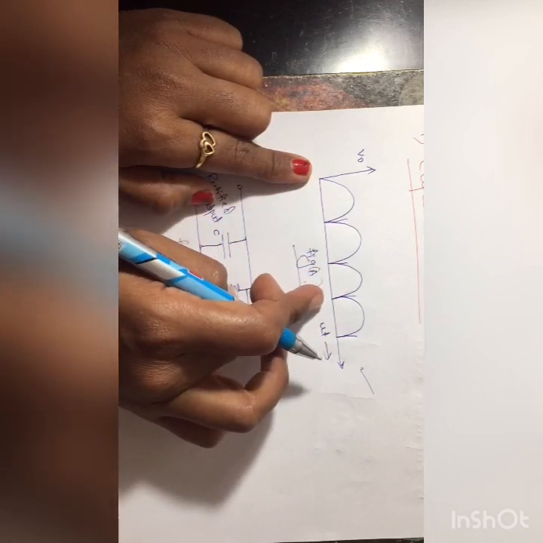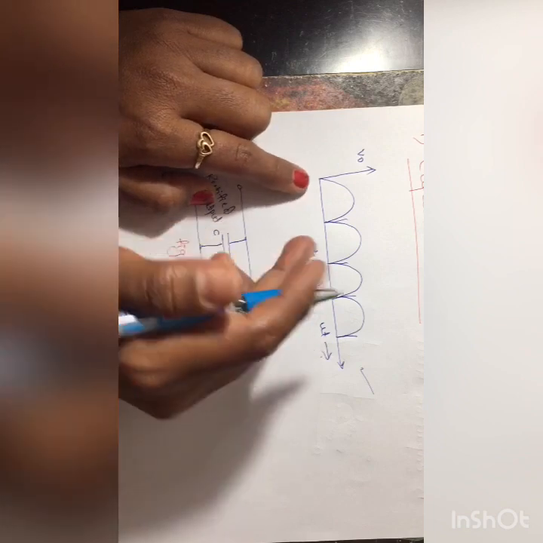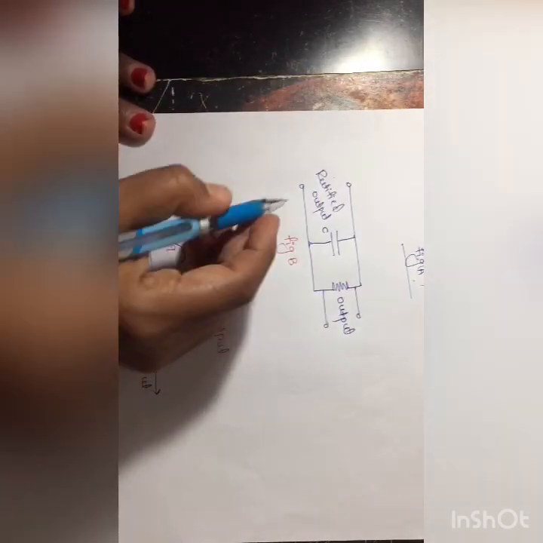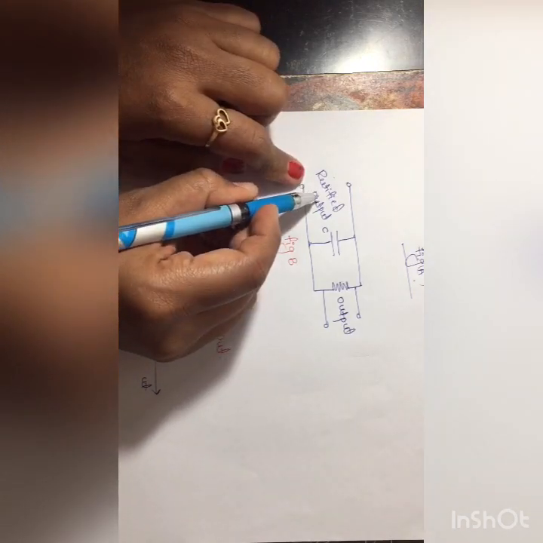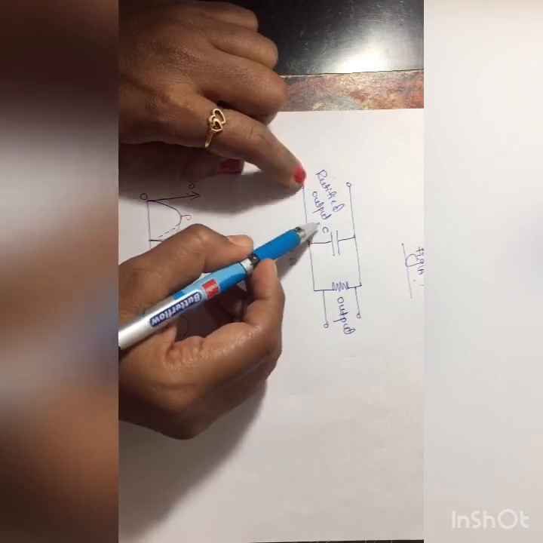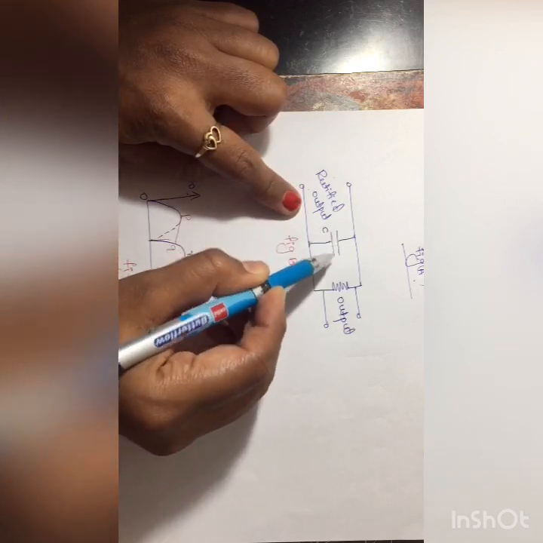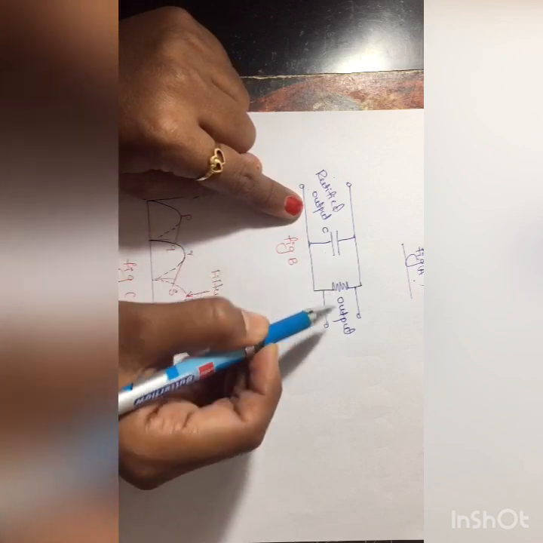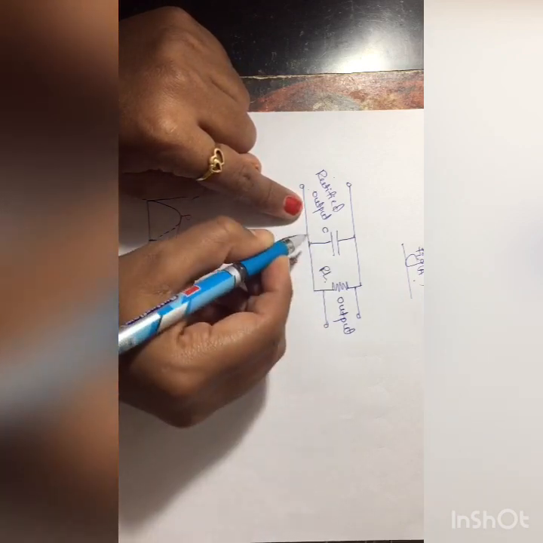But this one shows it without the filter. I told you, you can consider this as a full wave rectifier as well as a half wave rectifier. When you apply the capacitor filter in between, you have to connect it across the load resistor RL.